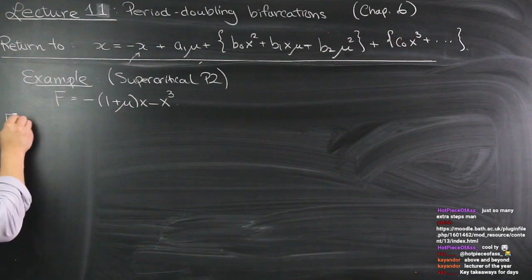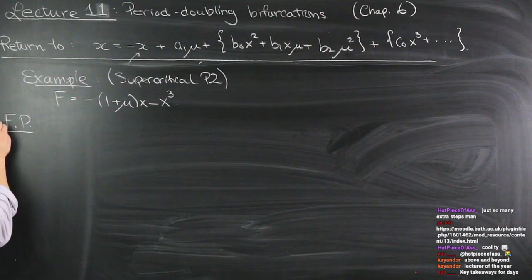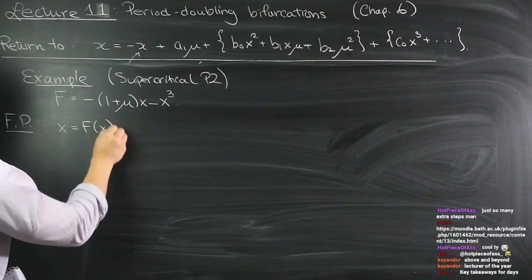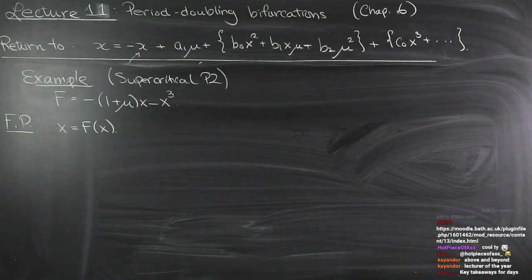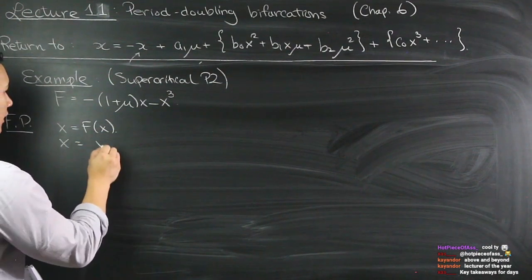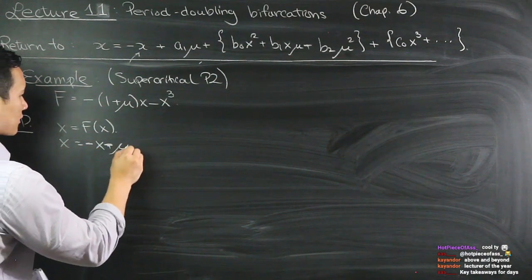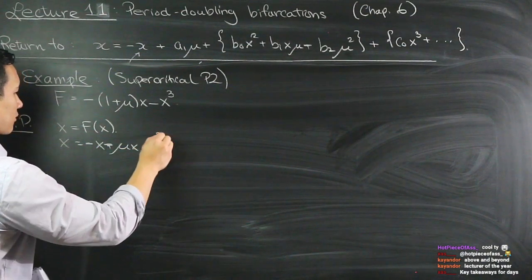Let's go. So firstly, fixed points. Let's solve x equal to f(x). So we've got x is equal to minus x minus mu times x minus x cubed.